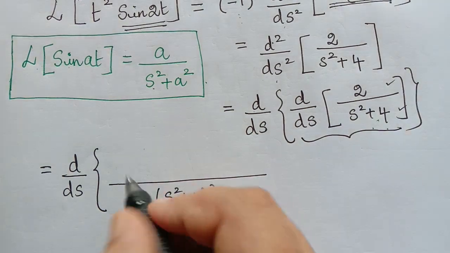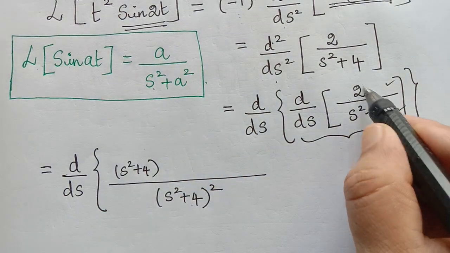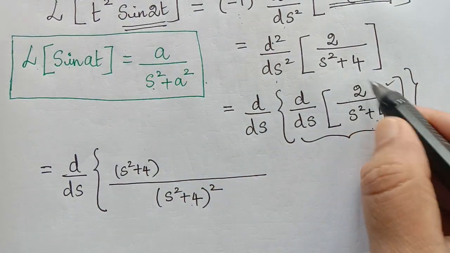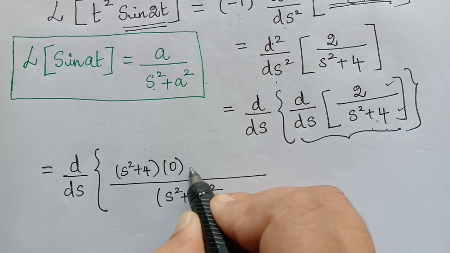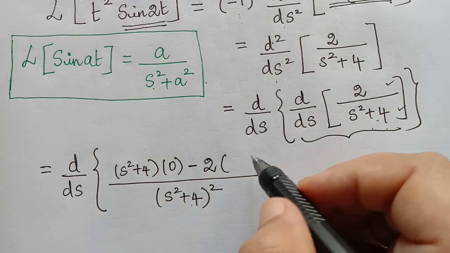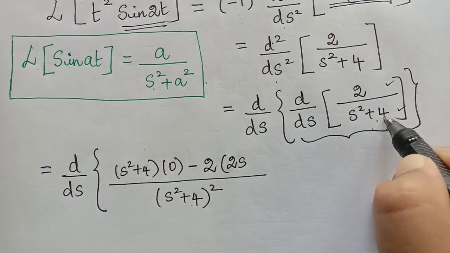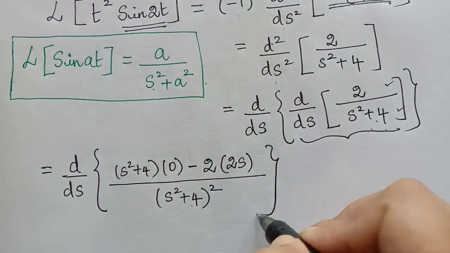What is v? v is s square plus 4. u dash is the differentiation of the numerator: the differentiation of 2 is 0, minus 2 multiplied with the differentiation of the denominator. What is the differentiation of s square? It is 2s, and for 4 it will become 0. So this is what we get.